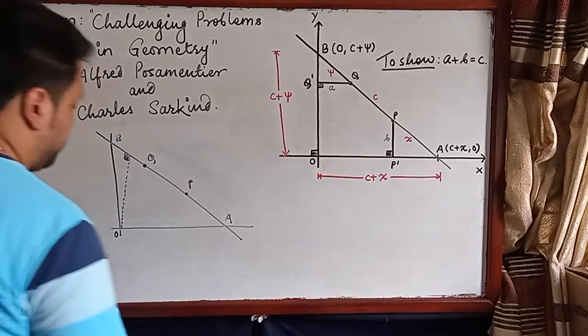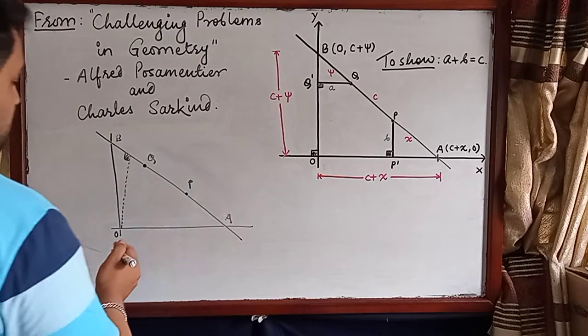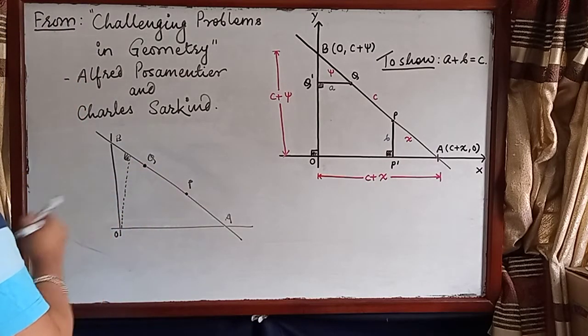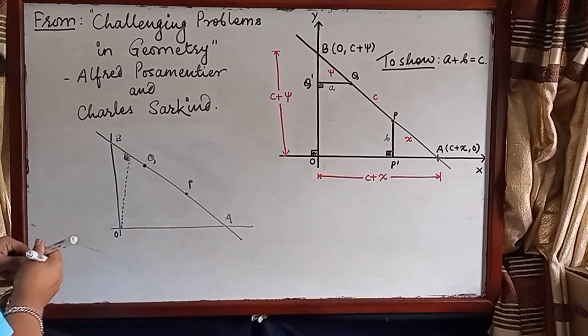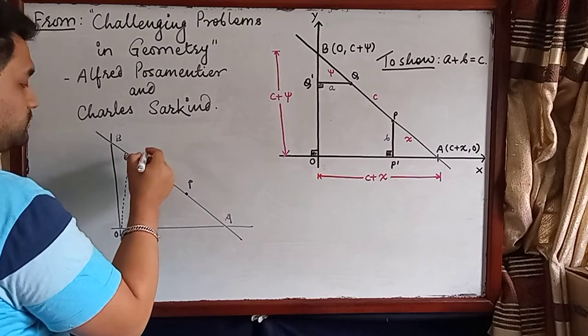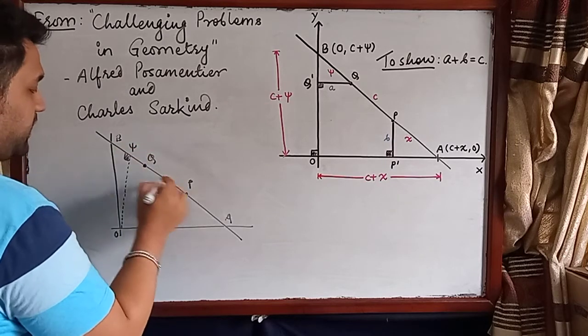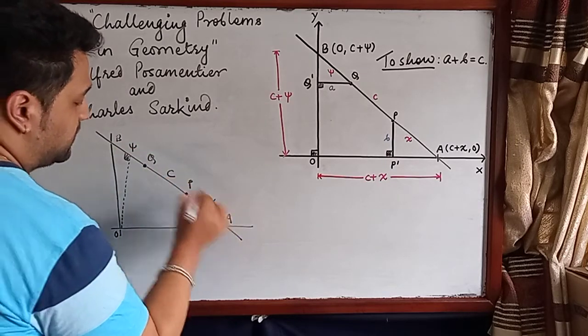Let's see. What is this? This is psi, this length is c, this is chi.